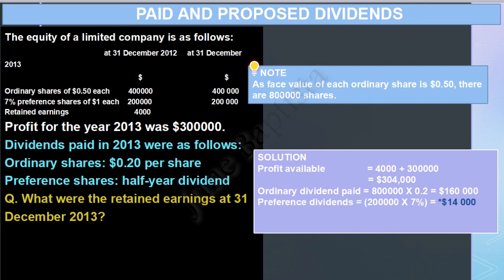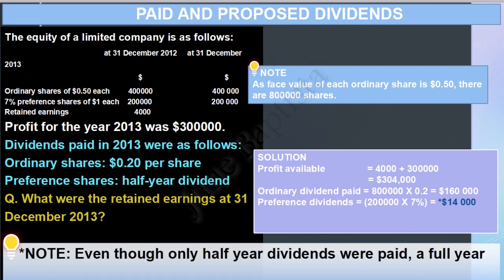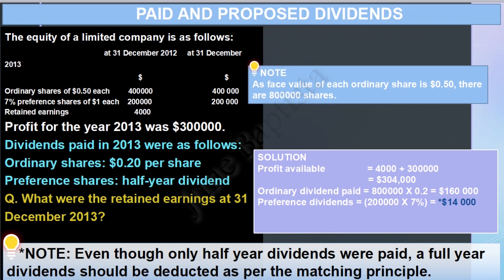Preference dividends is equal to 200,000 times 7%, which is equal to $14,000. Note, even though only half-year dividends were paid off the preference shares, a full year's dividends should be deducted as per the matching principle. Retained profits at the end was therefore $130,000.